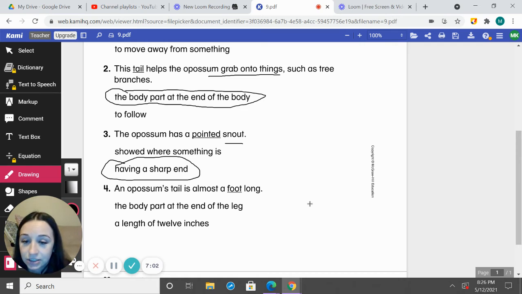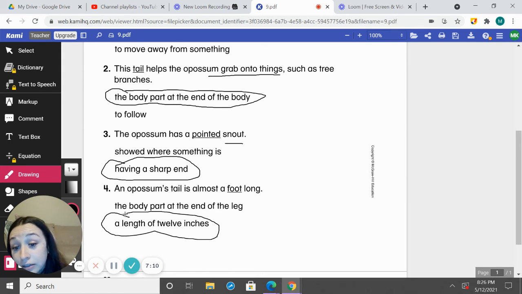Let me see your answers. You should be holding up 2, a length. It's not talking about your foot, like at the end of your leg. It's talking about measurement. And let's talk about why that is. An opossum's tail is almost a foot long. So that word long is that big clue in this sentence, the clue that tells me the meaning of foot.